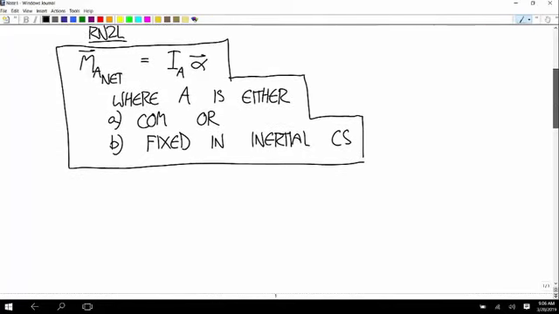I want to say one thing about why we can't use this approach for 3D rigid body kinetics.